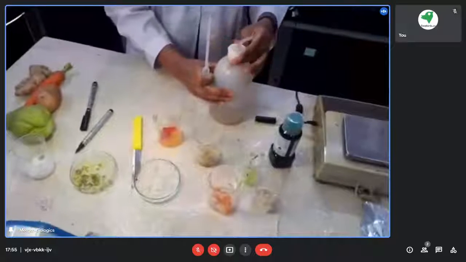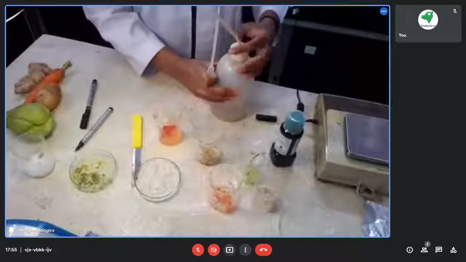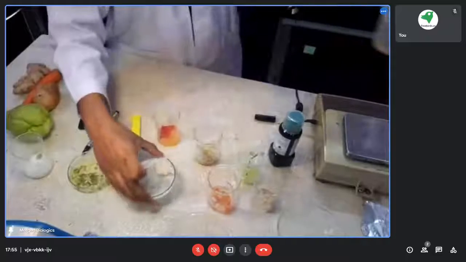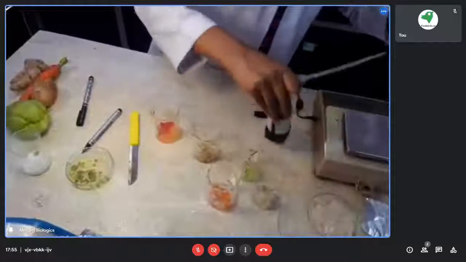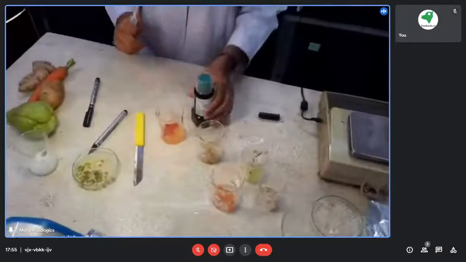And I have added water in all the beakers. Now I have to add this betadine solution.